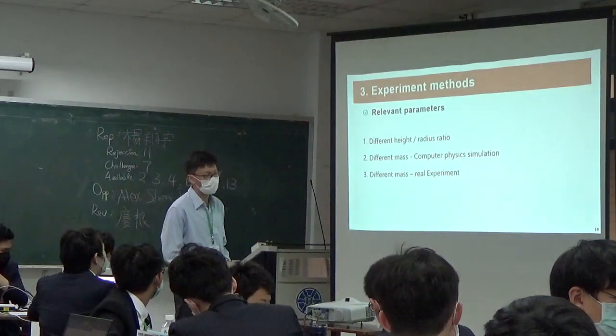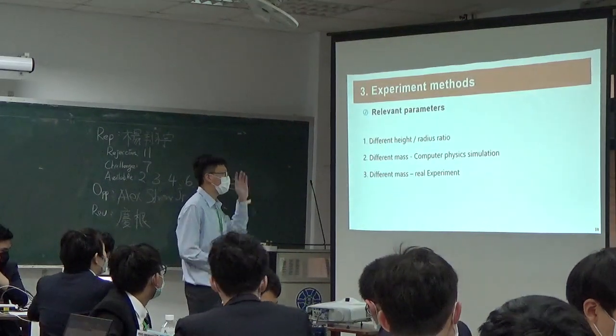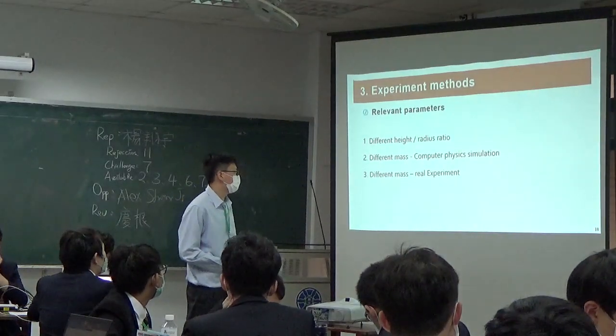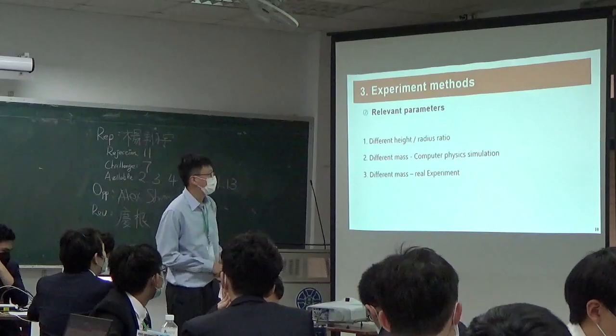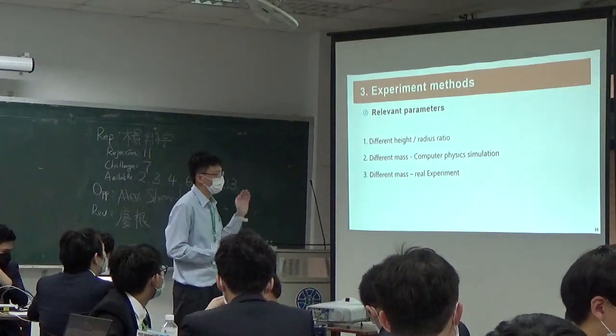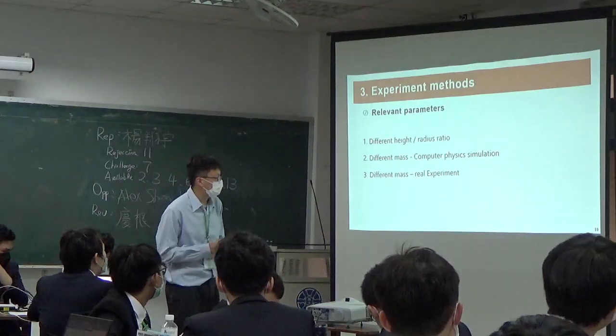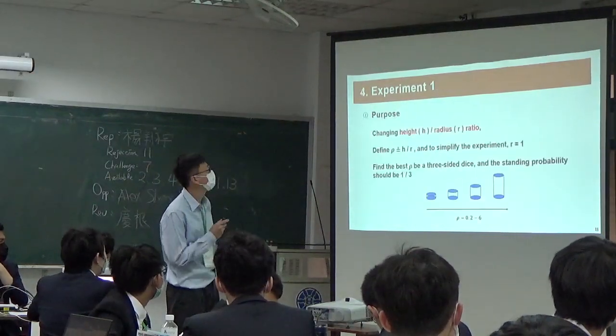The relevant parameter we use is different height and radius ratio. In experiment 2, we use a different method, and we get the result by computer physics simulation. And for experiment 3, we get the result by using a real experiment.